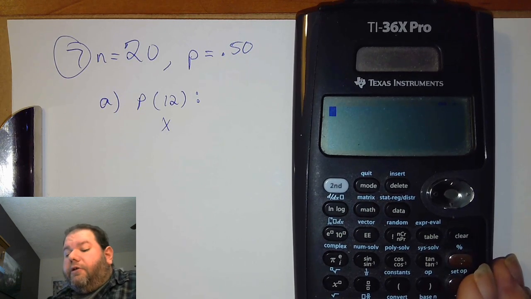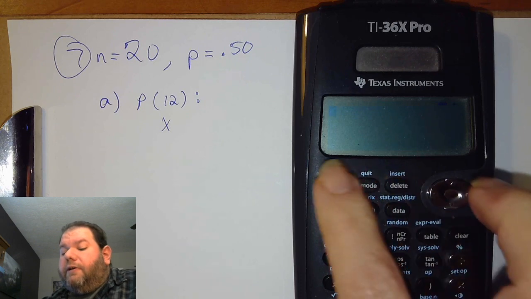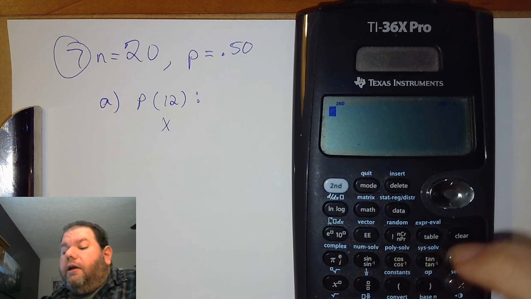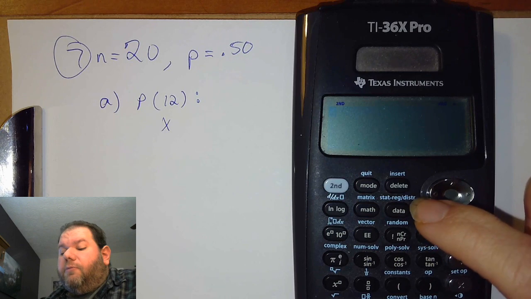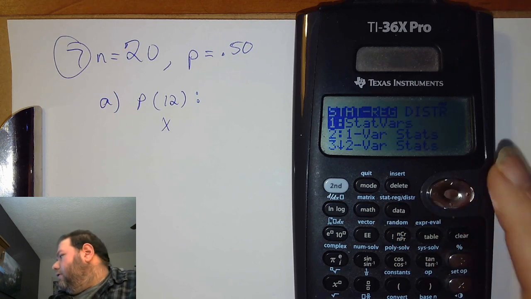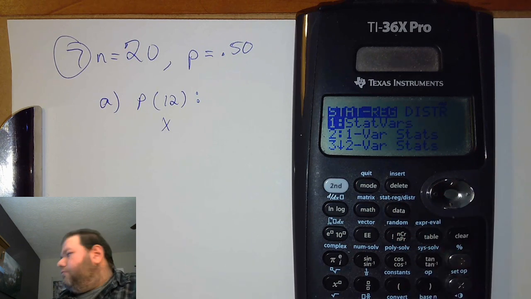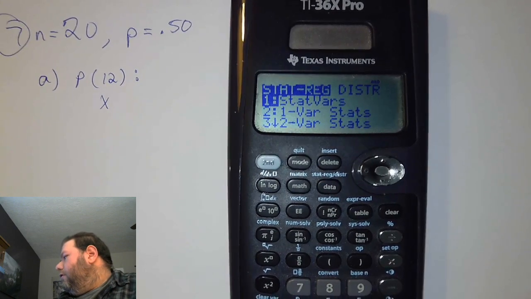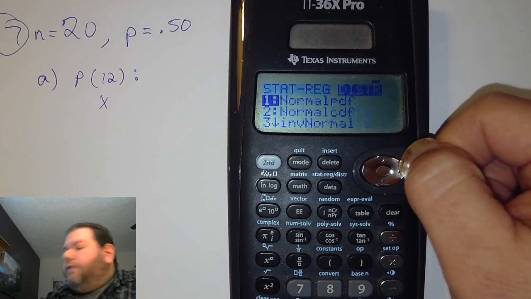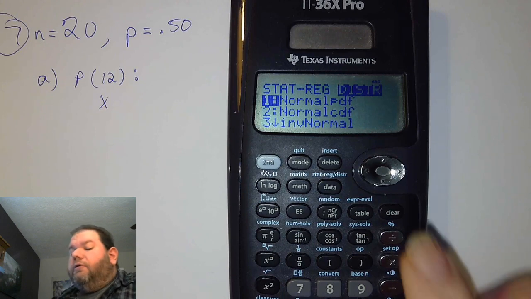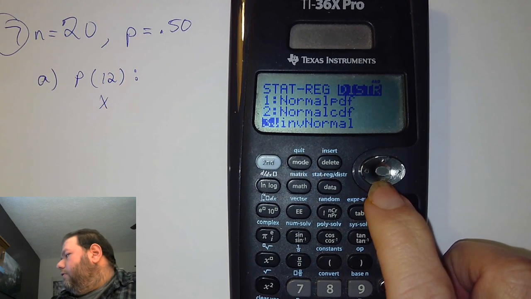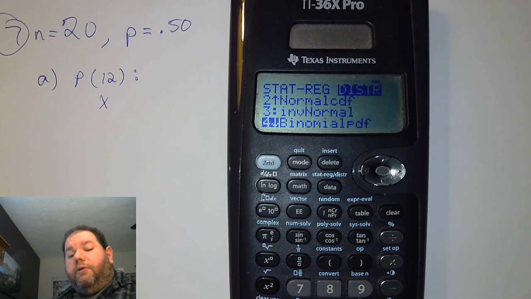So we go into the calculator and we hit second and stat distributions, so second data. We arrow right once to get to distributions, and then we arrow down until we get to Binomial Pdf.